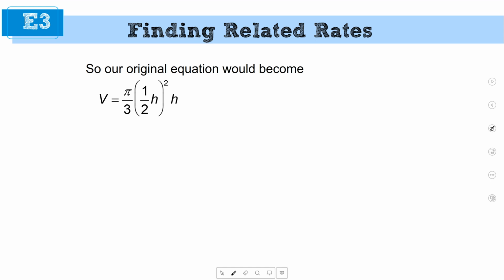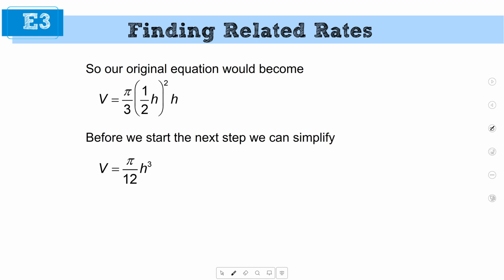And it is much easier to do this before you take the derivative than after, especially when you see how nicely this simplifies. It simplifies down to that. Easy. Lovely. Simple.